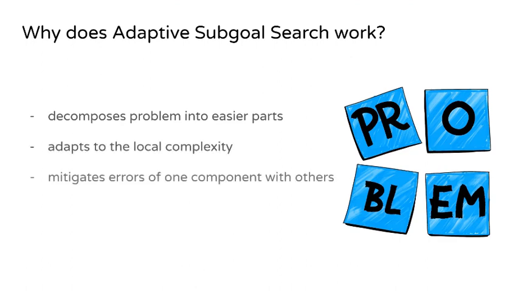Because the planning is guided both by the value function and the subgoal generators, the mistakes made by one of them could be mitigated by the other. And lastly, our algorithm benefits from stable training since we transform offline trajectories into fixed training samples for our components.